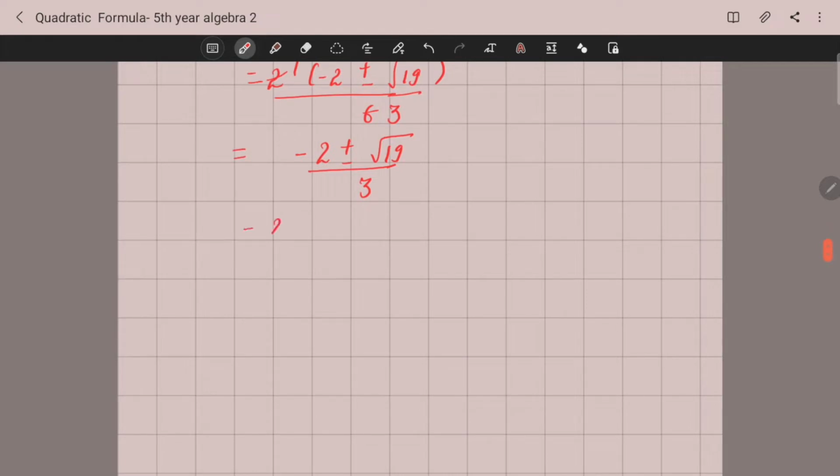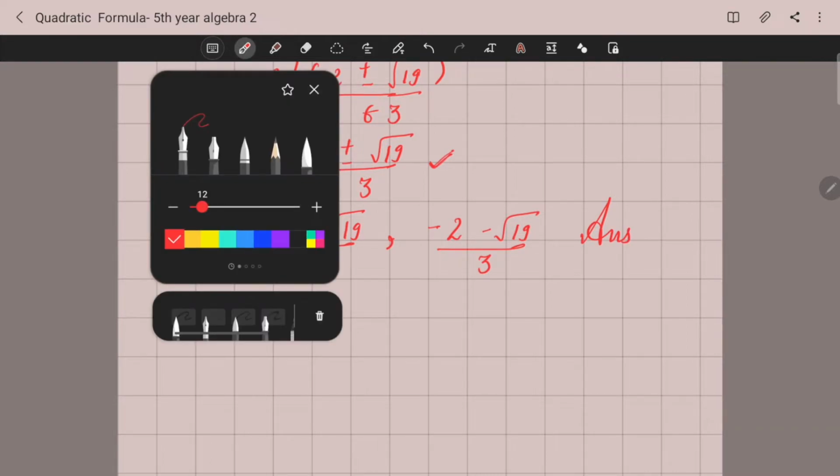So our answer is minus 2 plus root 19 over 3 and minus 2 minus root 19 over 3. You can write it in both ways. Either you can leave it till over here or you can write it in two ways. This is our answer.